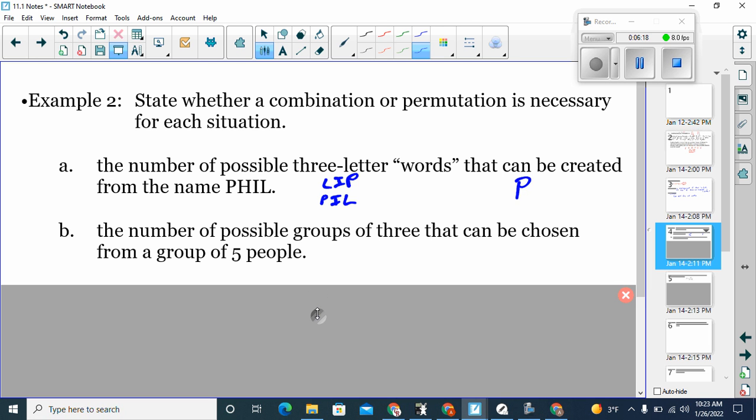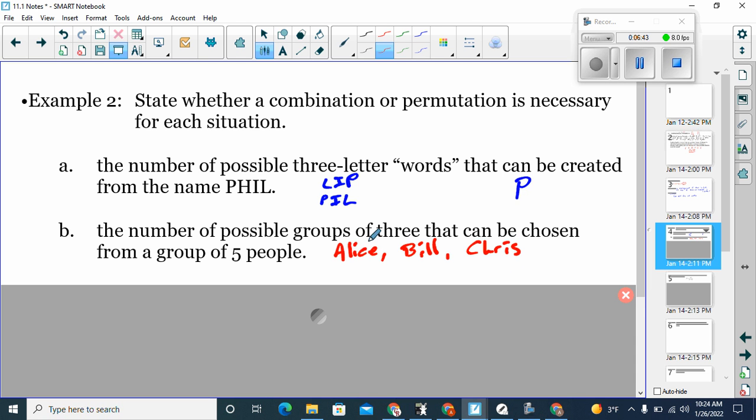Part B says the number of possible groups of three that can be chosen from a group of 5 people. So what we want to do is choose 3 elements from the group. Let's call them Alice, Bill, and Chris.